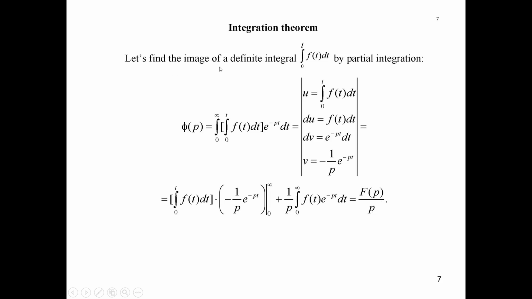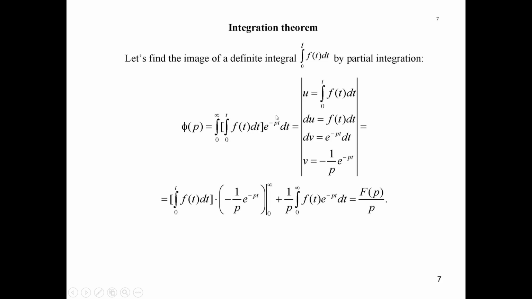To prove this, let's find the image of the finite integral of the function phi from t by dt in the limits from 0 to t. And let's also use integration by parts here. So the image by Laplace, phi from p, of this function, the integral of phi from t by dt.